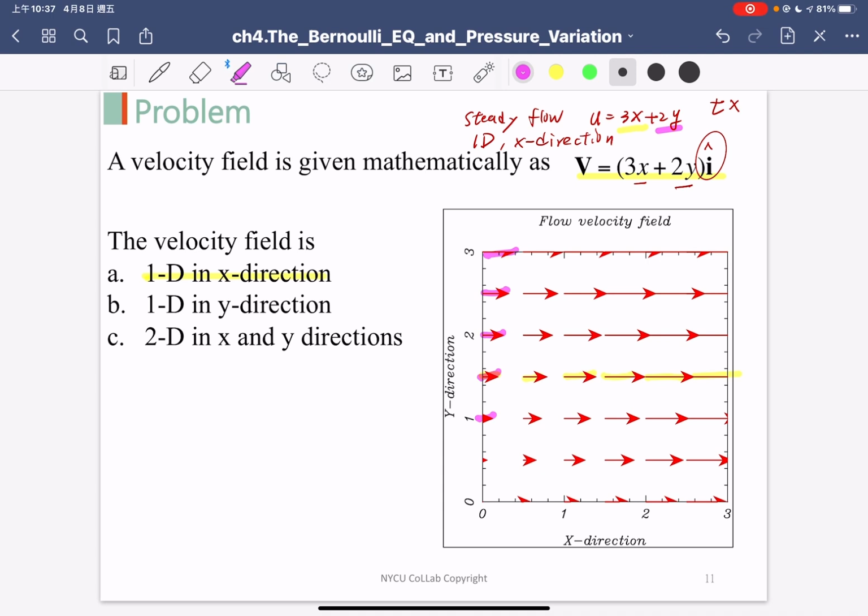In this case, we only have the i vector, so that means only a 1-dimensional velocity field. And if you connect all of the local velocity vectors, that's our streamline, and we know the streamline is a horizontal line along the x direction.